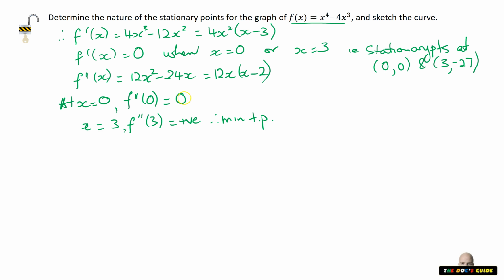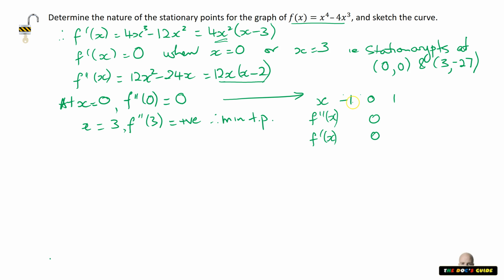So now we have to investigate this one a little bit further. So we need to draw up our table. For our values of x, we're going to look at minus 1, 0 and 1, and we'll investigate the second differential, and we might as well investigate the first differential as well. When x equals 0, we know that our second differential is 0 and our first differential is 0.